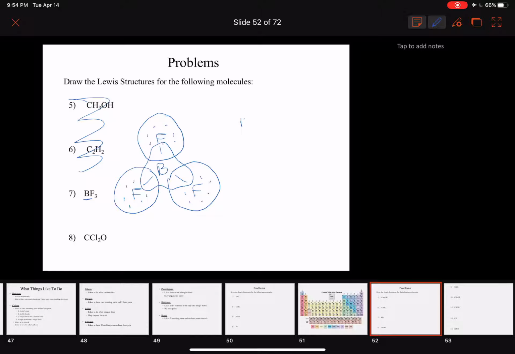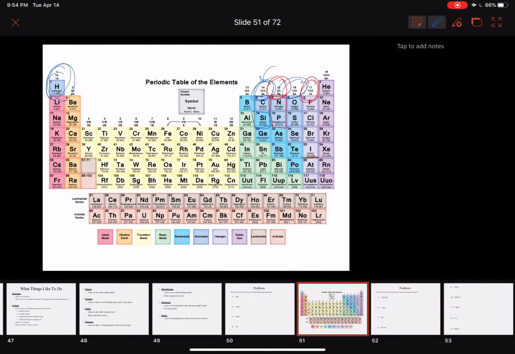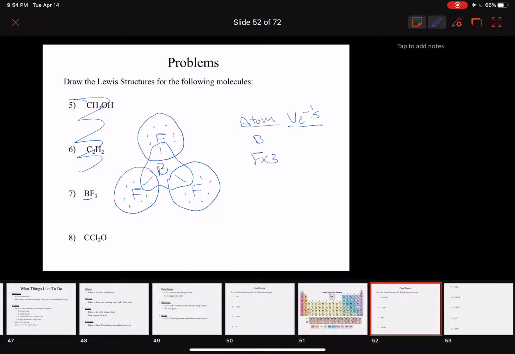Now we need to make sure we use up the proper number of valence electrons. So we have boron, and boron is right here. It's in group 13 or 3A. So it has how many valence electrons? 3, that's right.